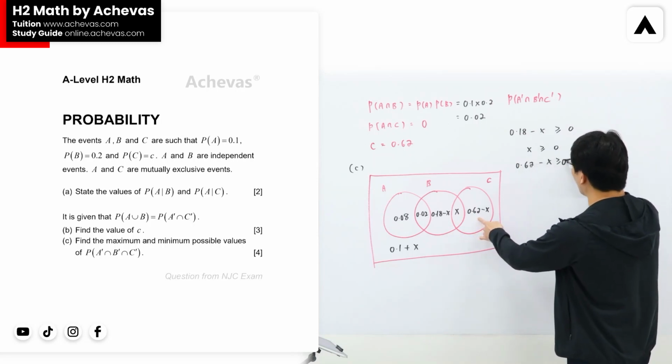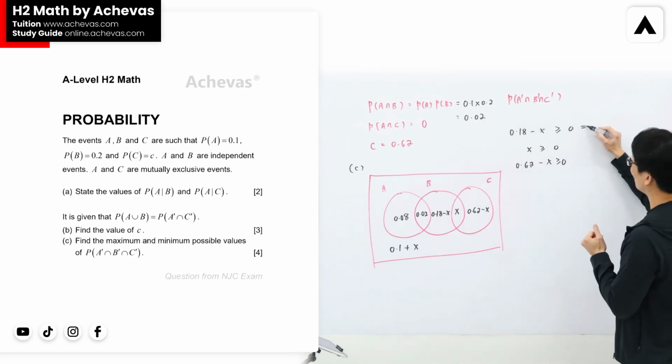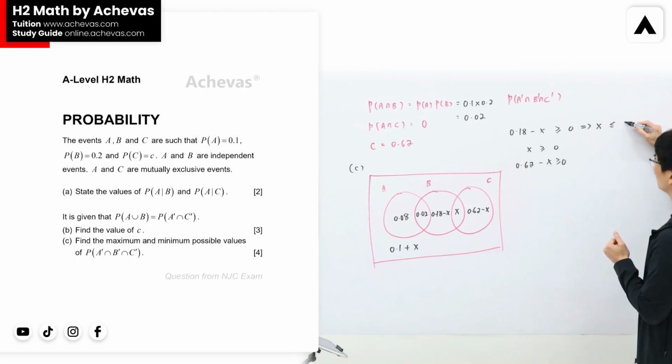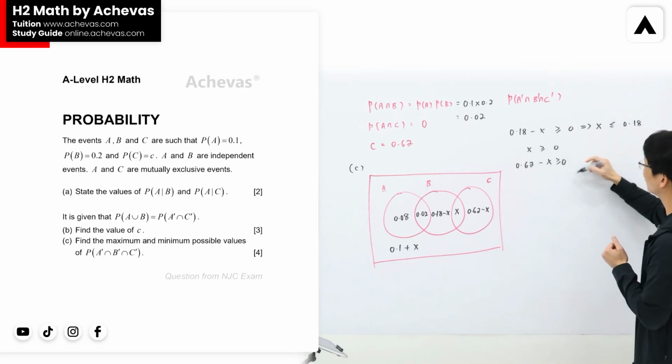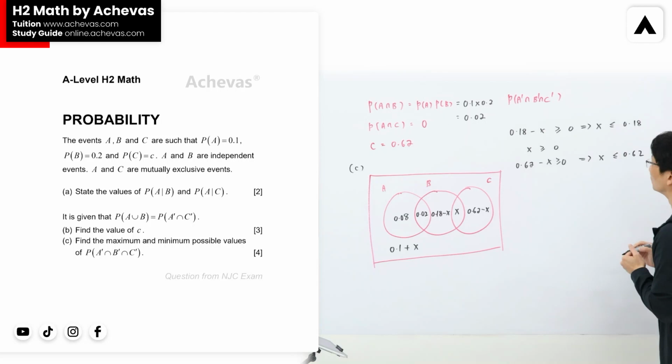And with this, I can find out the range of values for X that it can take. For the first one, when I make X the subject, I have X lesser or equal to 0.18. This one I'm going to remain as it is. This part here, if I make X the subject, X will be lesser or equal to 0.62.